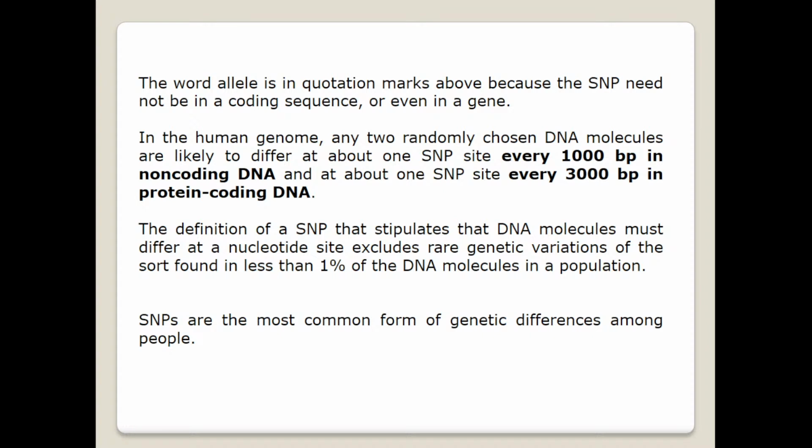The definition of an SNP stipulates that DNA molecules must differ at a nucleotide site, and includes rare genetic variation found in less than 1% of the DNA molecules in a population. SNPs are the most common form of genetic differences among people.